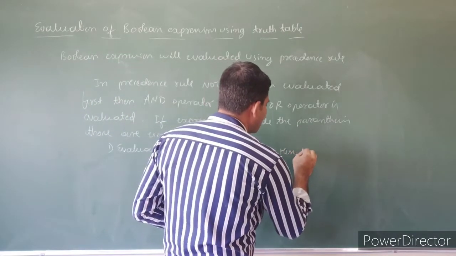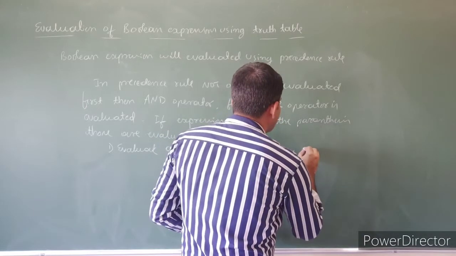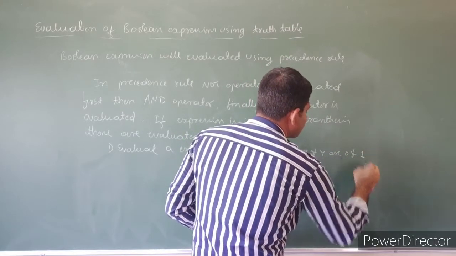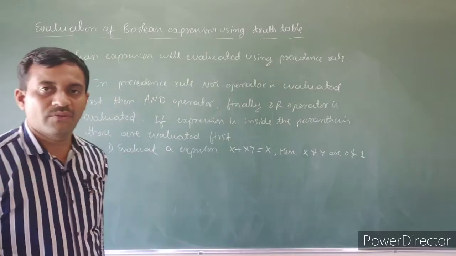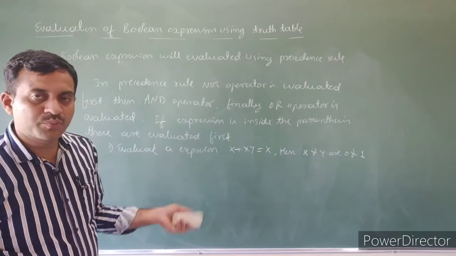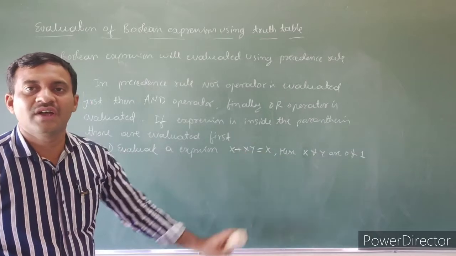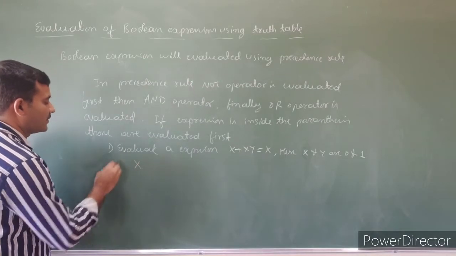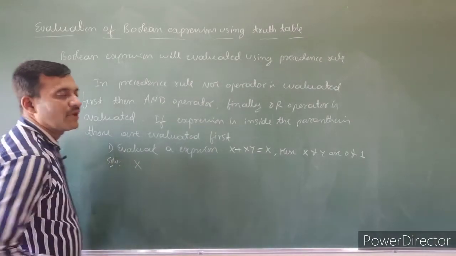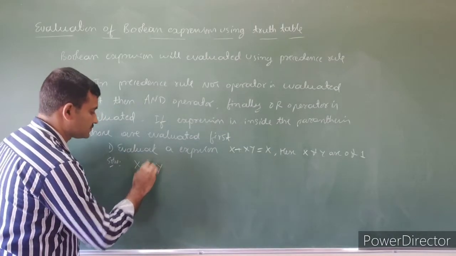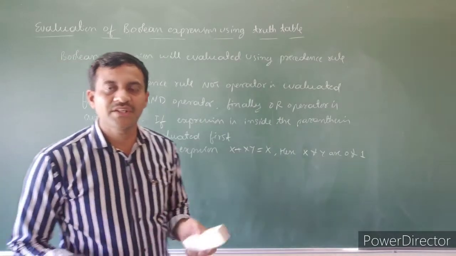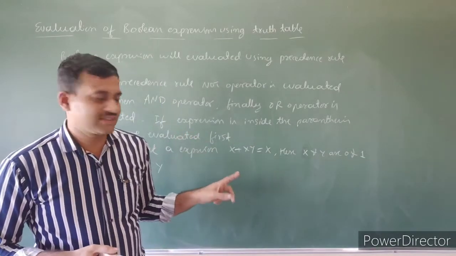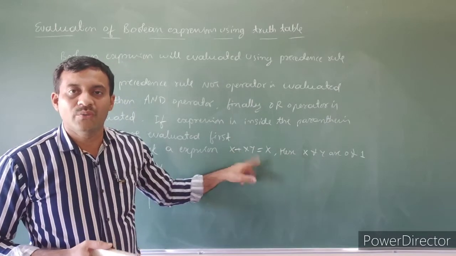Here x and y hold 0s and 1s. How to evaluate the expression? We have to prove here that x plus xy is equal to x. From the expression, first identify how many variables are present. There are only two variables, x and y.